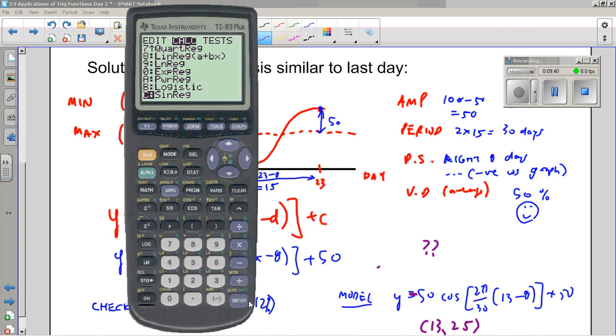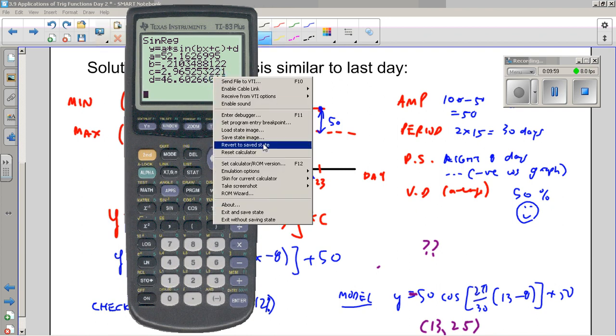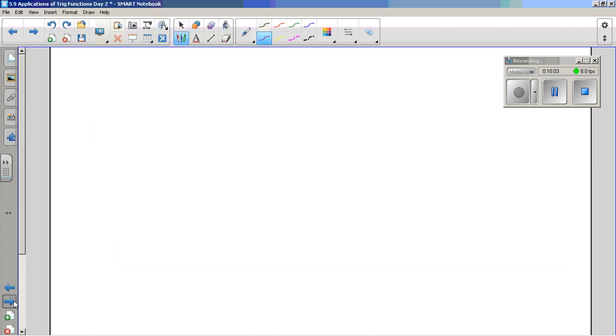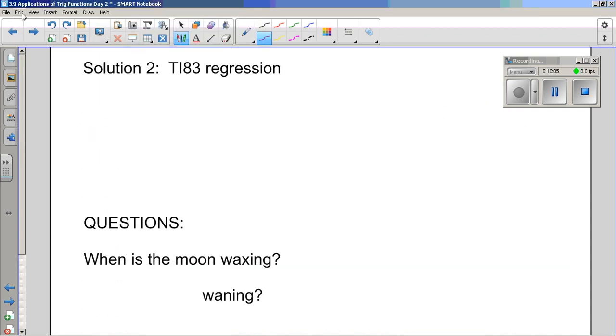Sine reg. So sinusoidal regression. So unfortunately, this is actually going to give us a sine function instead of a cos function, but we'll be okay. We'll be able to see some of the things are correct or not. And bam, there it is. It worked. I'm going to actually copy this if I can, take a screenshot and jam that in there, edit, paste, and then we'll talk about it.